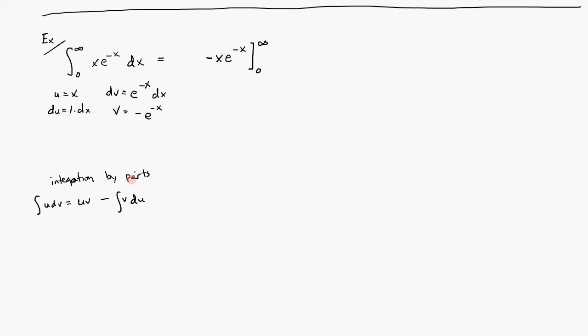And then minus the integral of v du, the integral from 0 to infinity of minus, so v is minus e to the minus x, and then du is equal to dx. So the two minus signs cancel and they become plus. So this is minus x e to the minus x evaluated from 0 to infinity. I'll explain this later.